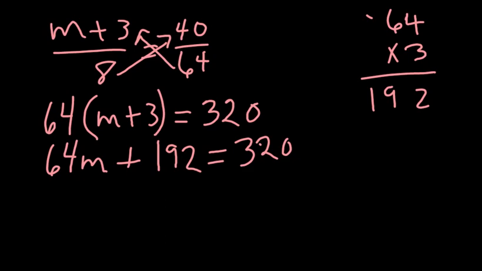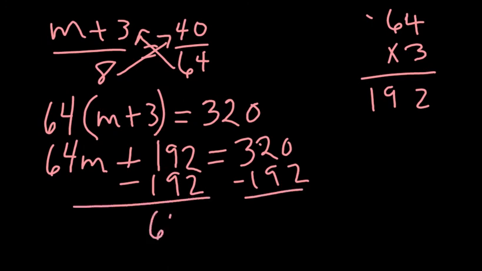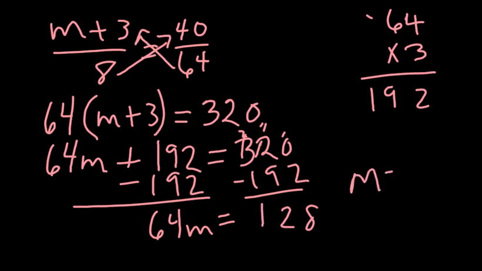So 64m plus 192 equals 320. Now minus 192, minus 192. 64m equals, subtract, it's an 8, that's a 2, that's a 1, 128. So m equals 2, because when you divide by 64, you get 2.